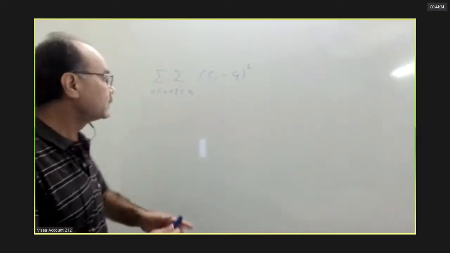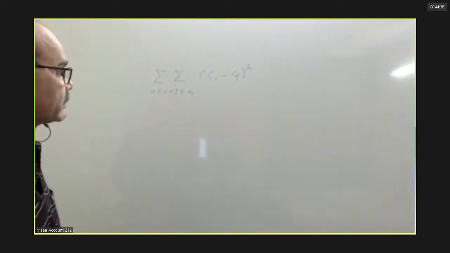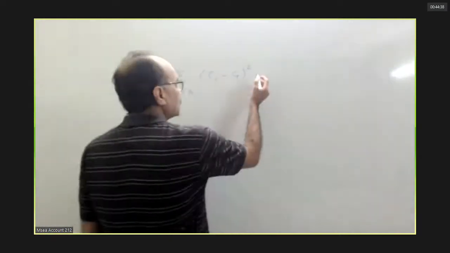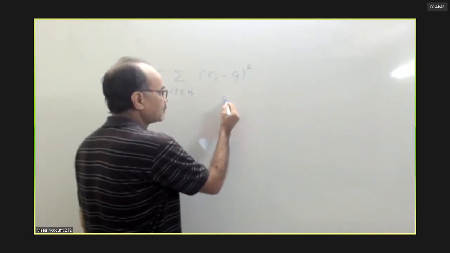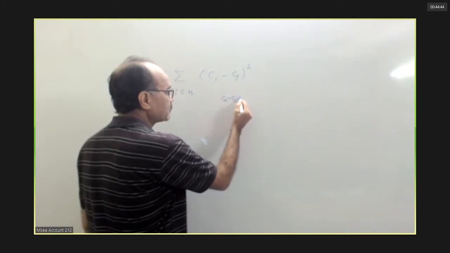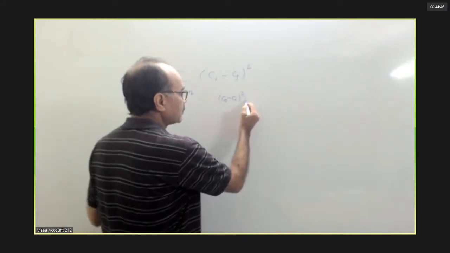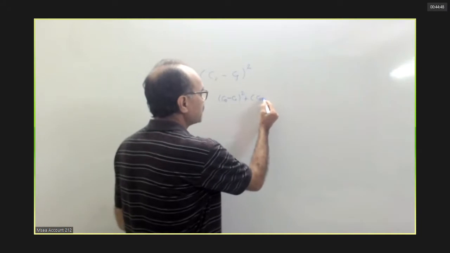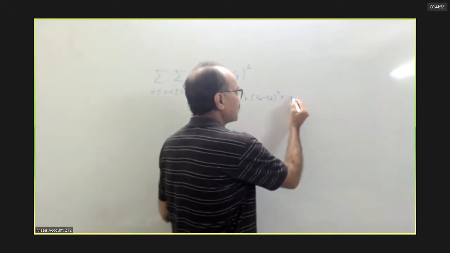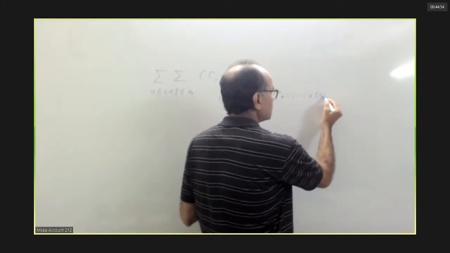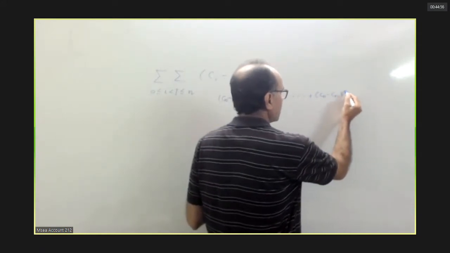That's wrong. See, first you expand it. Fix i equal to 0. First row: (C0 minus C1) whole square, plus (C0 minus C2) whole square, up to (C0 minus Cn) whole square.